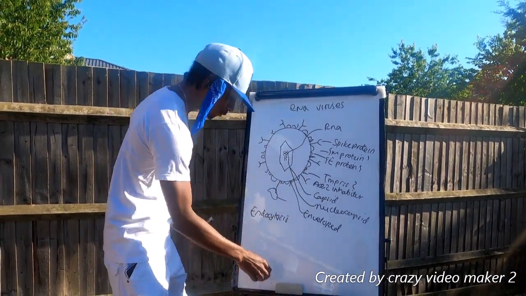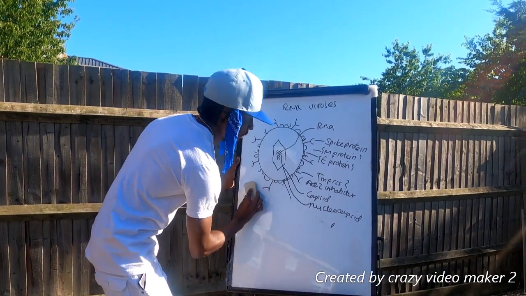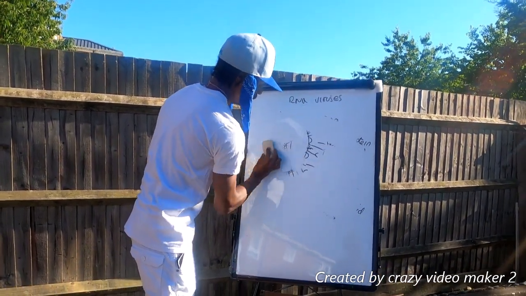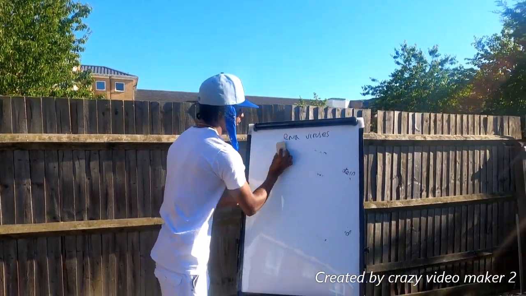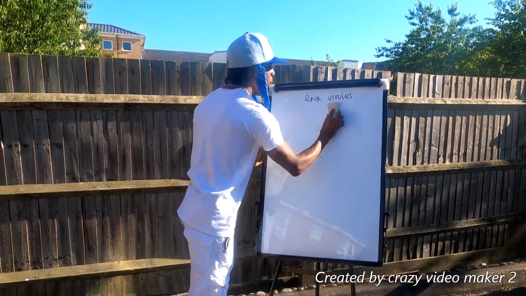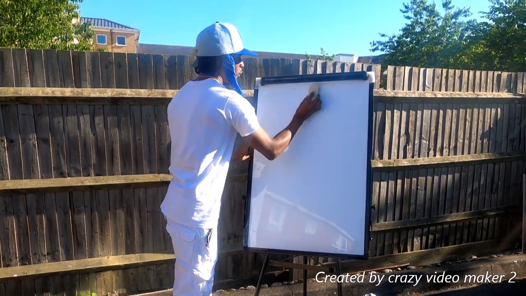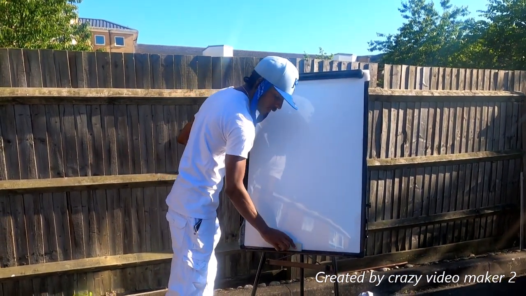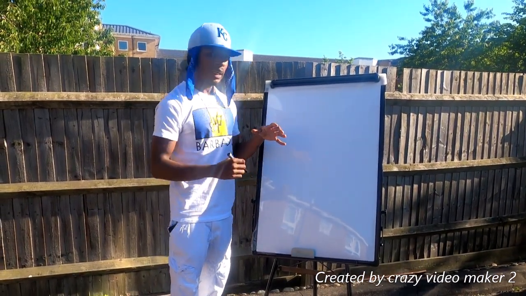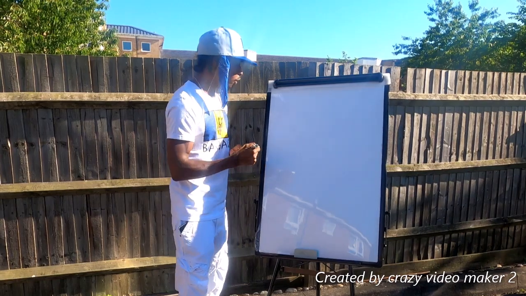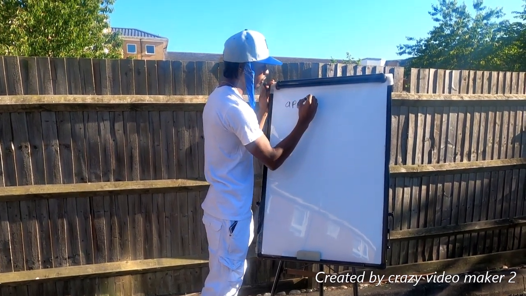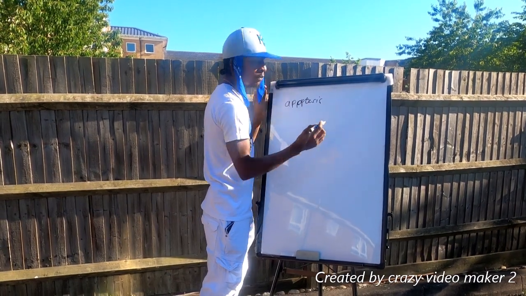When that happens, the Golgi apparatus sends mini viruses outside the cell, but as so many are made because of the hijack of the cell, it causes the cell to go through apoptosis, which simply means cell death.